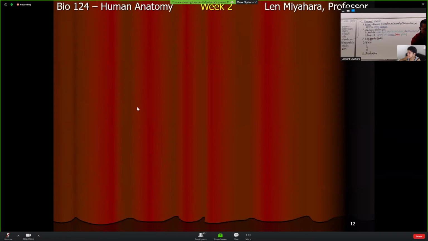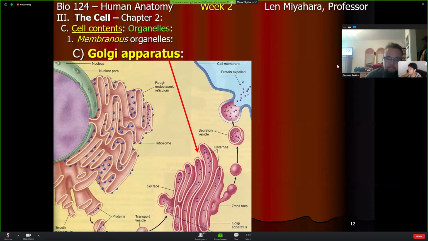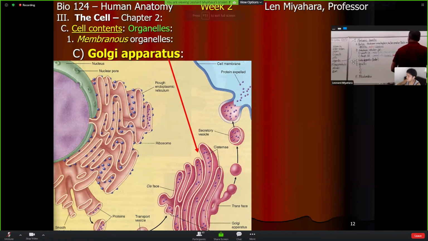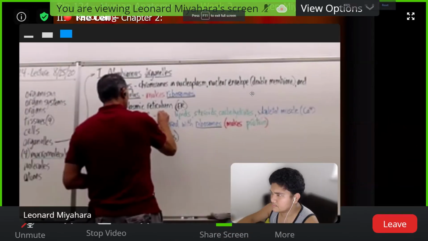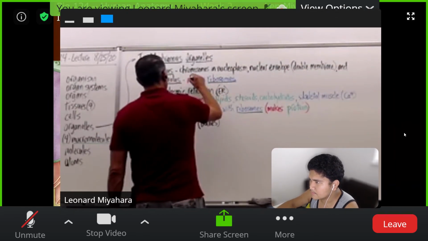Next, we have the Golgi apparatus, also referred to as the Golgi bodies. So this should have been red. What do the Golgi bodies do?